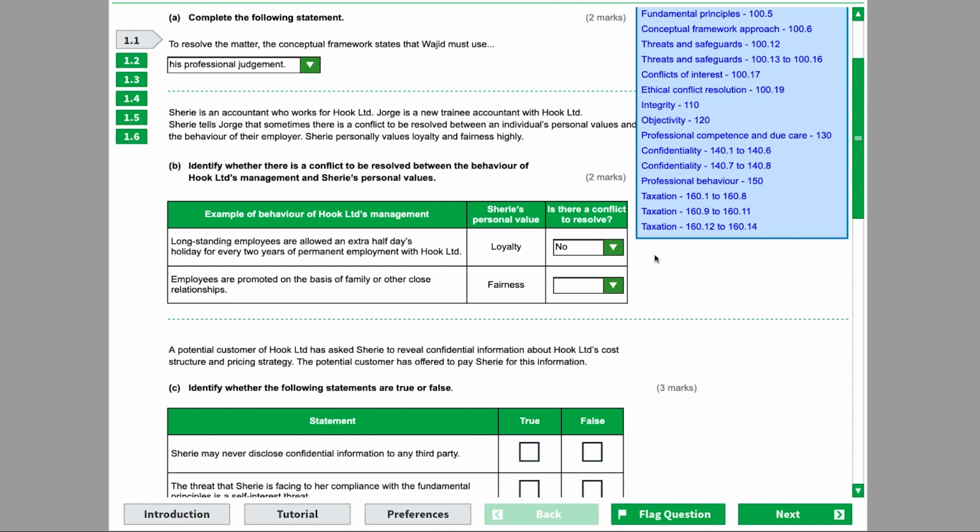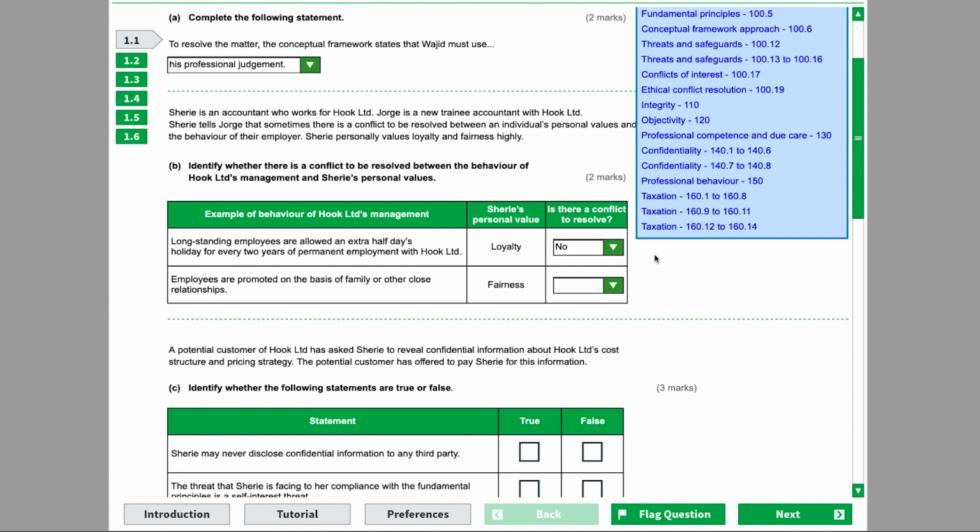So it's quite common in a person's employment contract that the longer they have worked somewhere, they actually get an increase in annual leave days. That would also tie into Sherry's personal value of loyalty. So would there be a conflict to resolve? Absolutely not.